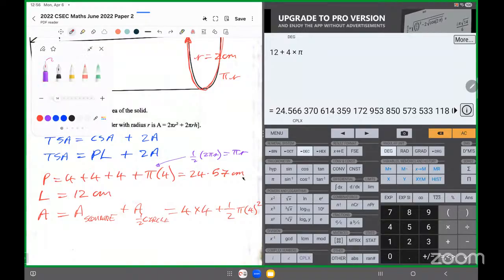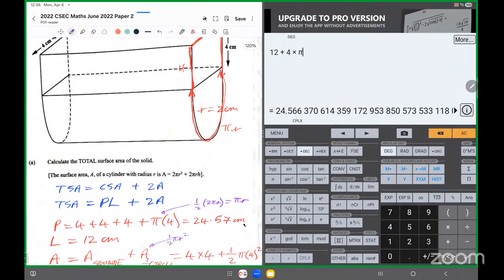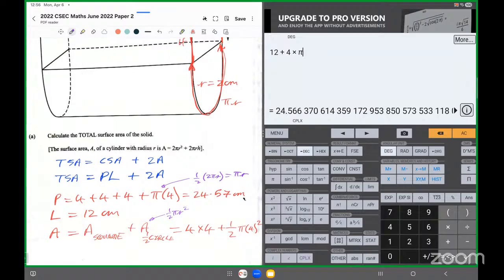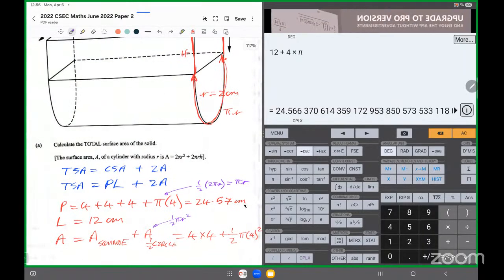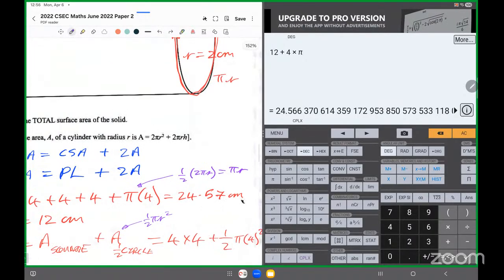Write the formula here: the area of the half circle is half pi r squared. But I made a mistake. The radius is 2. I have 4 right here, but the radius is 2. Let me correct this.